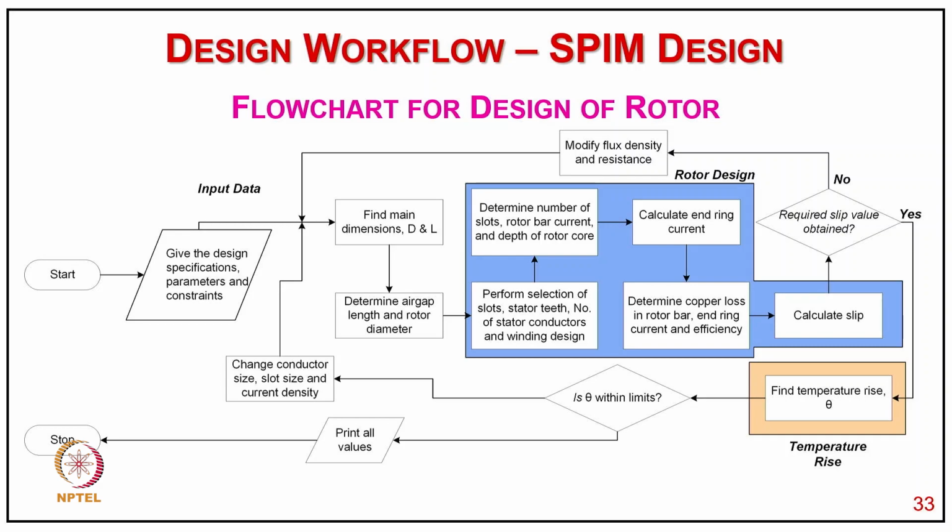If it is within the limit, continue; if it is not, modify the flux density and resistance. If yes, then find the temperature rise, and if theta is within limit, continue; if not, then change the conductor size, slot size and current density, or otherwise print the result.